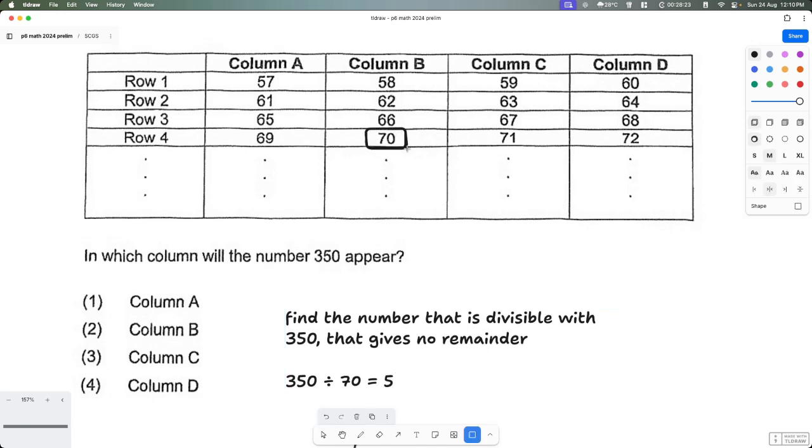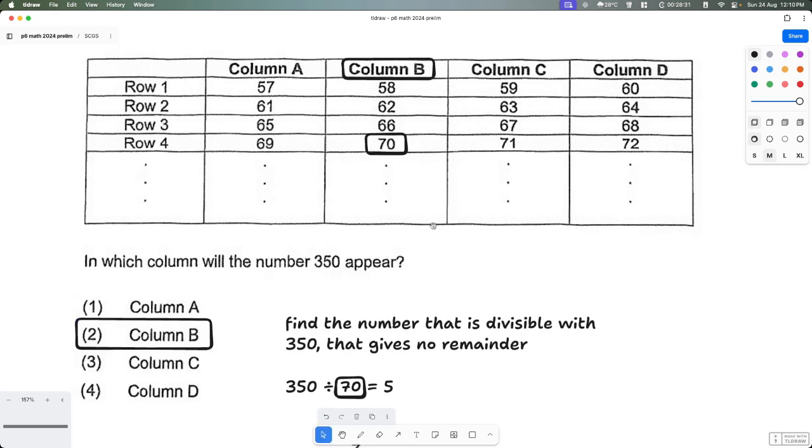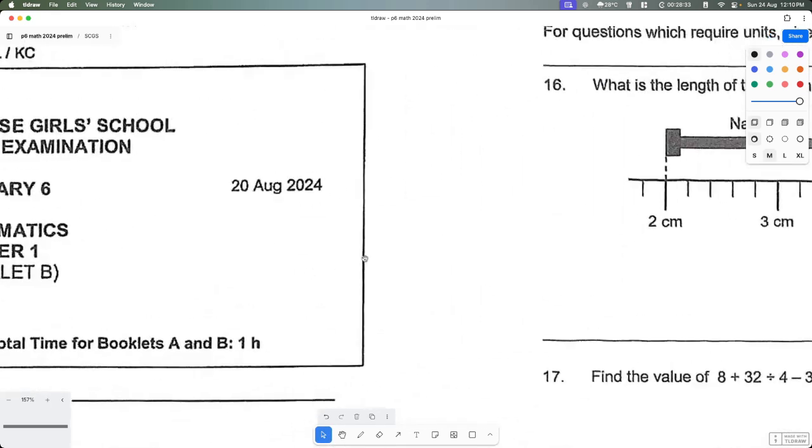Which is this one. So that means this is column B. Okay, so ta-da, there you go. So the answer is column B. Okay, let's move on to the next question.